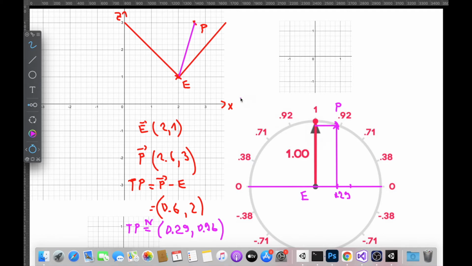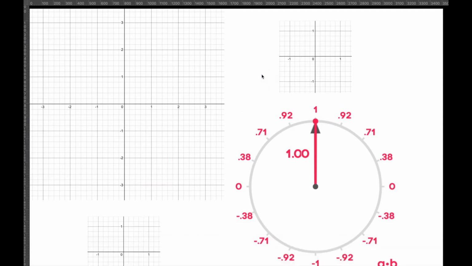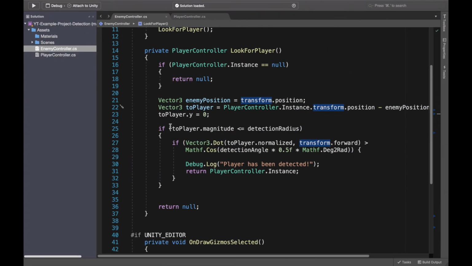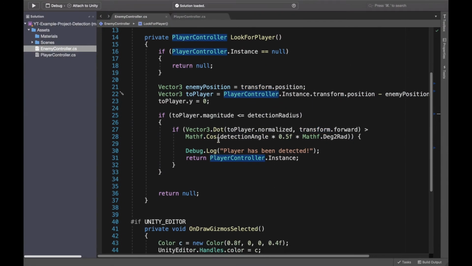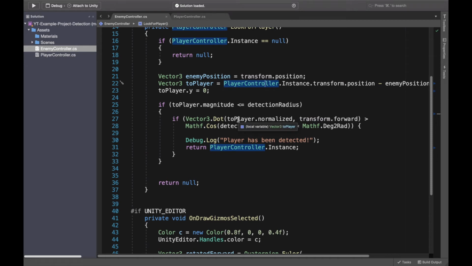And now the interesting part. What I'm saying here is that the dot product of the enemy-to-player normalized vector and the transform forward is larger than the cosine of half of the detection angle.